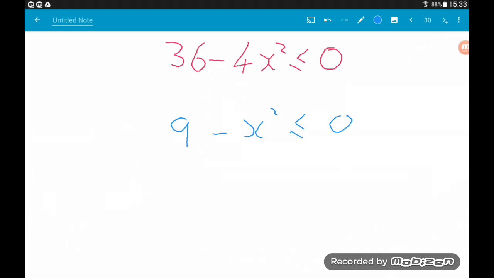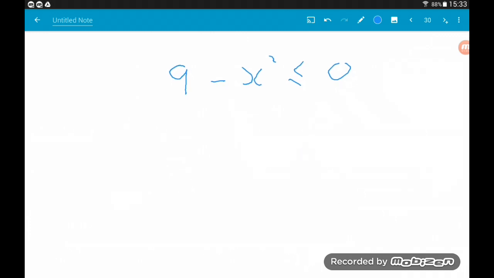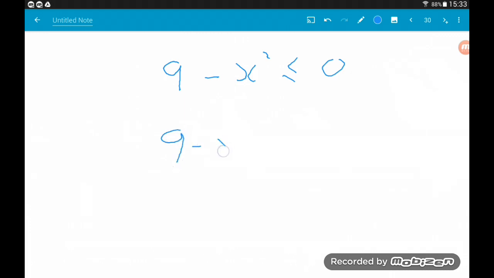I could do that, but in this one, I'm going to stick with a negative x squared term just to show you how we do it. So the answer is going to be exactly the same. It has to be. So 9 minus x squared is an example of a difference of 2 squares. So if we set 9 minus x squared equal to 0, you could even just add the x squared to both sides and square root for this one.